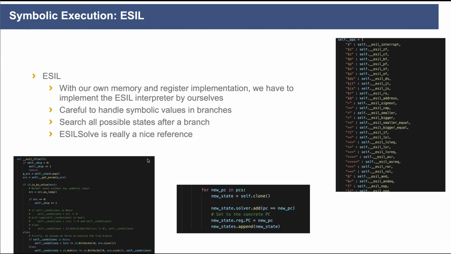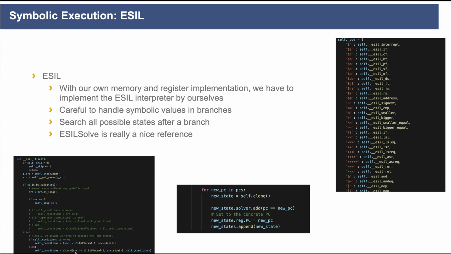And most importantly, we do a full implementation of the ESIL interpreter. So first of all, since we have implemented the memory and registers, it's impossible to use R2's implementation. And in our implementation, the most important part is how we handle symbolic values when we encounter a branch. Here is the code snippet. When we encounter a branch, for example an if, we add the condition.